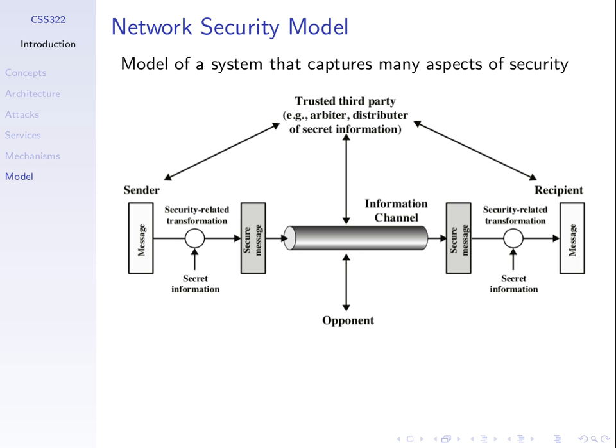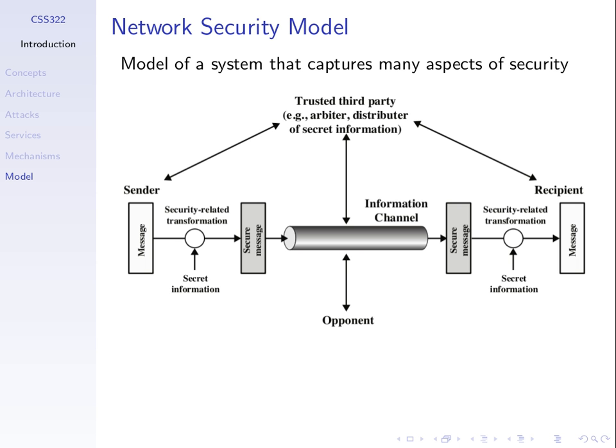That's received, the recipient performs some transformation such that they get the original message back. The opponent can see the secure message, but if the transformation is chosen appropriately, they will not be able to obtain the original message. And we can use this for confidentiality, but we can also use similar concepts for authentication and other services, data integrity as well.